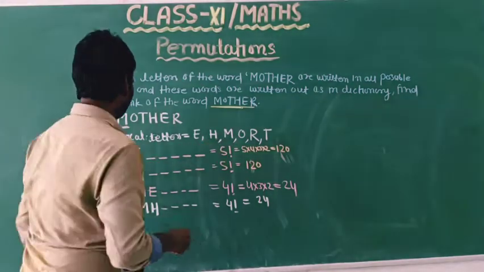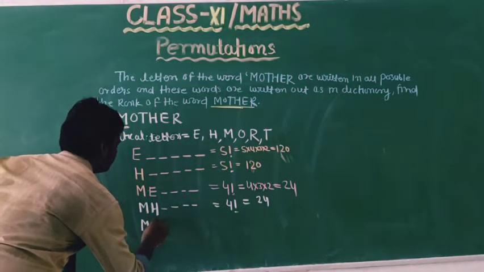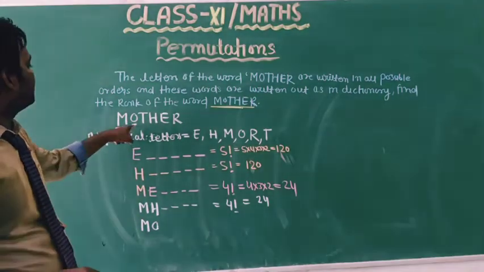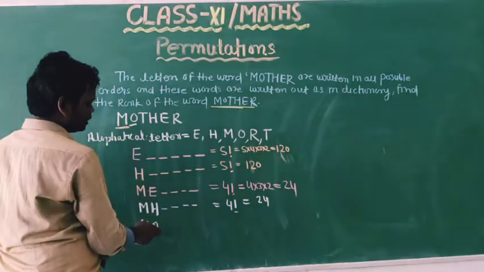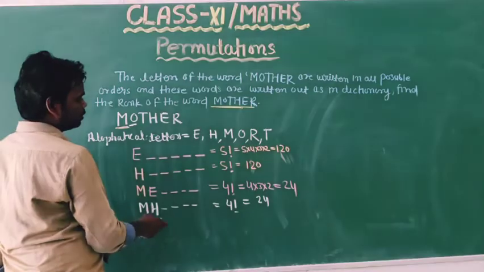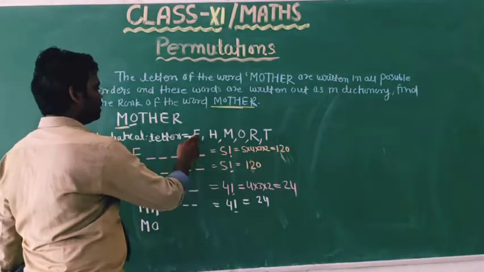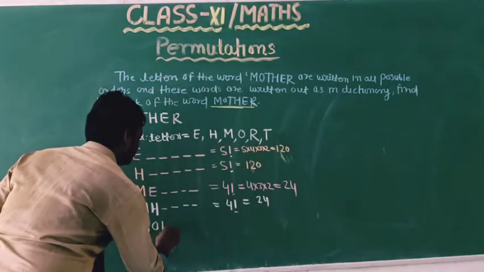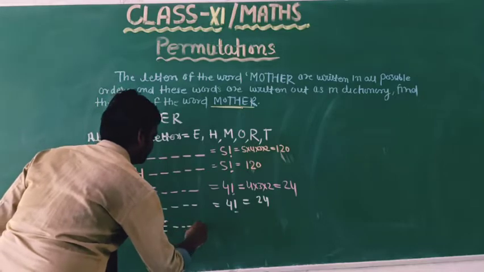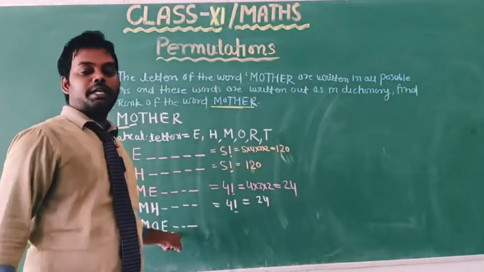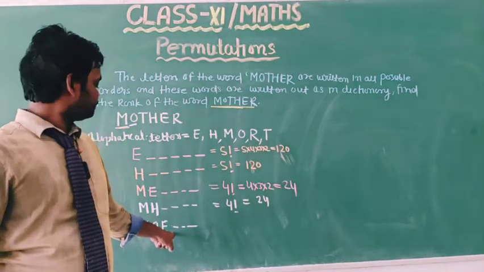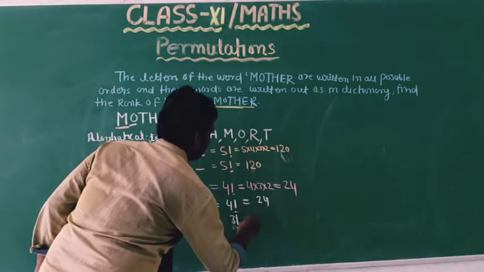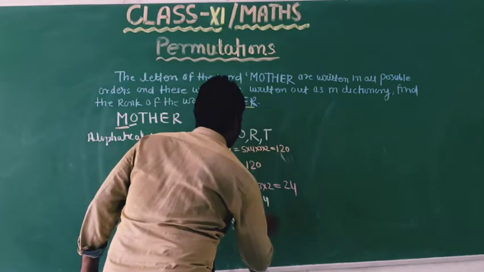After M H comes M O. O is required in the letters of the word MOTHER, so we fix O. After fixing O, according to the dictionary we start from E, so we fix E, and 3 places remain. 3 letters are remaining, so they are arranged in 3 factorial ways, which is 3 into 2, equal to 6.